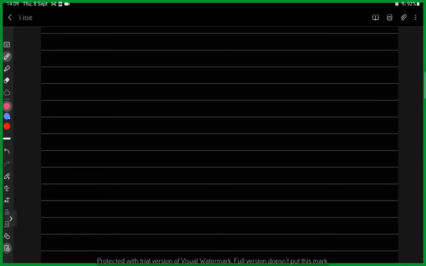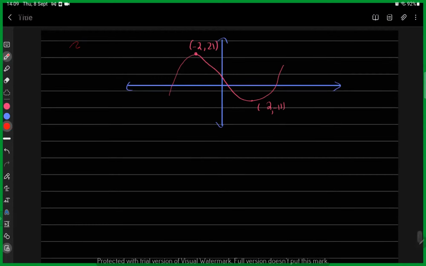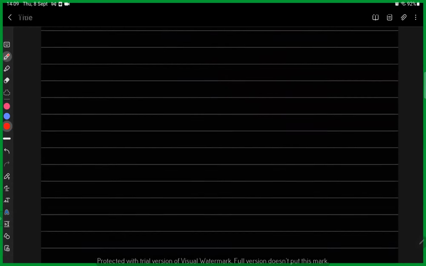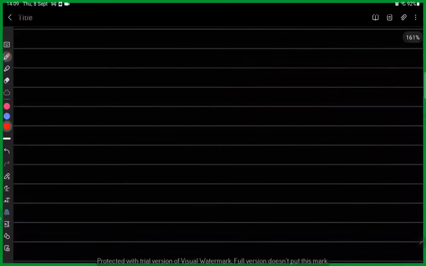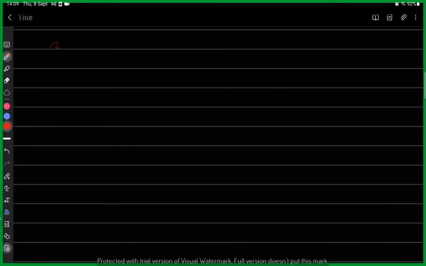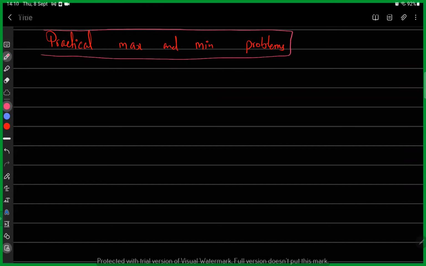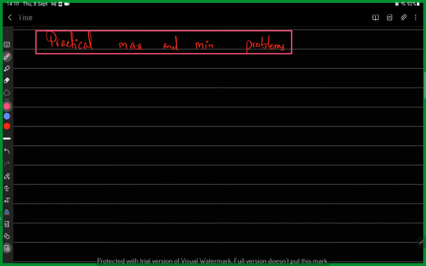If we talk about some practical maximum and minimum problems, this is going to be related to the application part of this chapter, like where exactly this thing is applied. Let's talk about one question and then this idea would get clear.